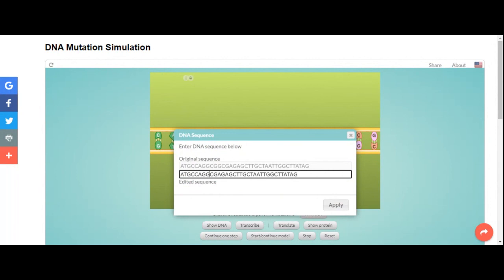Because when I deleted 1, it caused a frameshift of everything following it. So every amino acid after that single deletion was wrong. But now if I delete 3, I'm eliminating an entire codon. So that only changes a single amino acid.